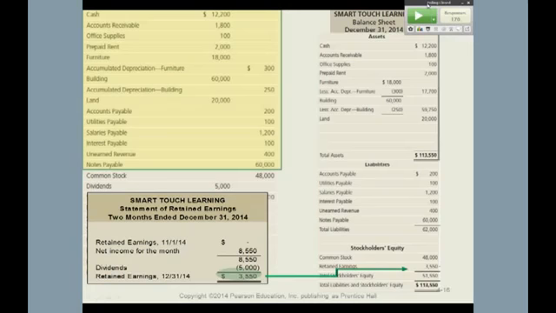If this was an adjusting entry, you would have had a debit to depreciation expense and a credit to the accumulated depreciation.